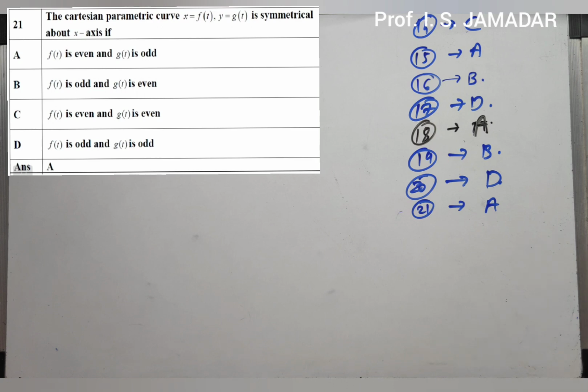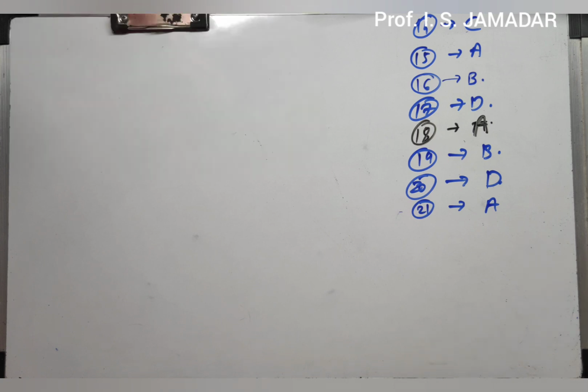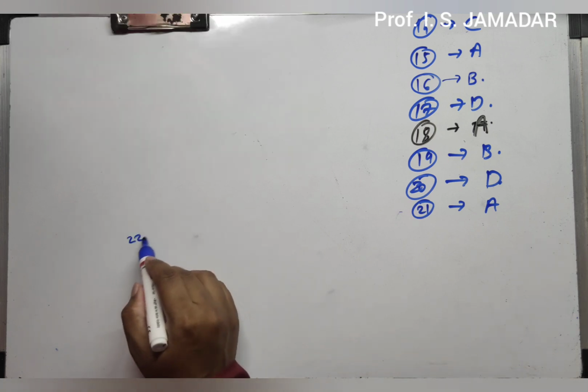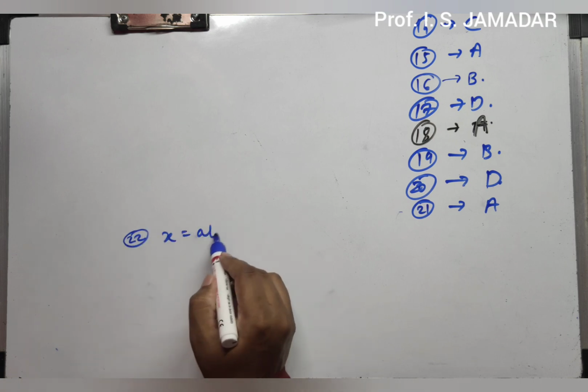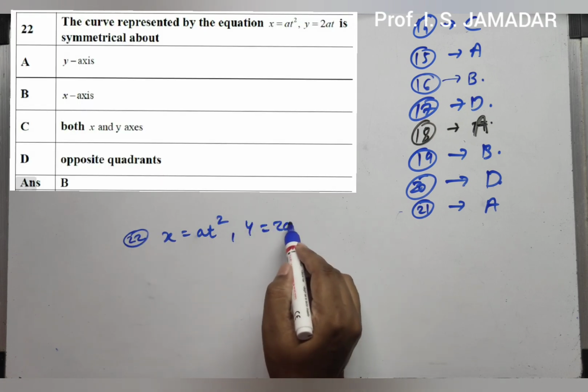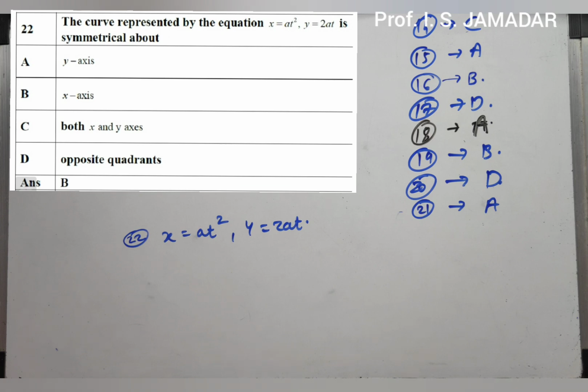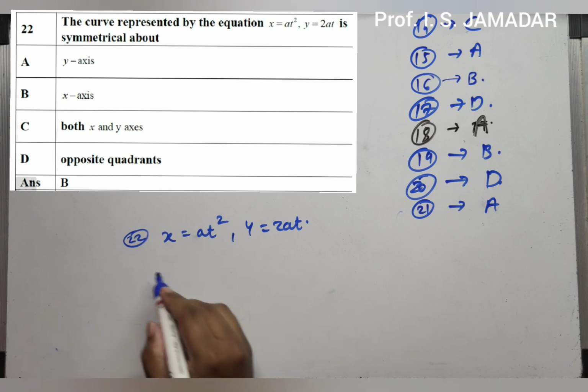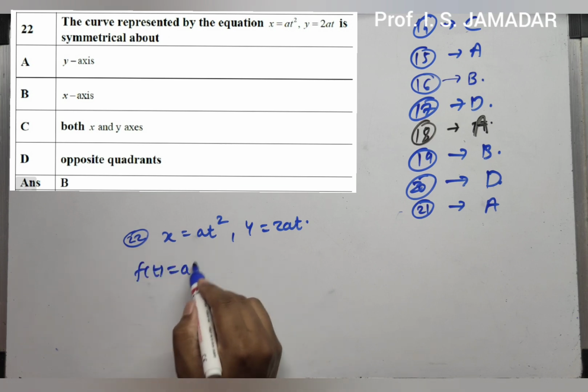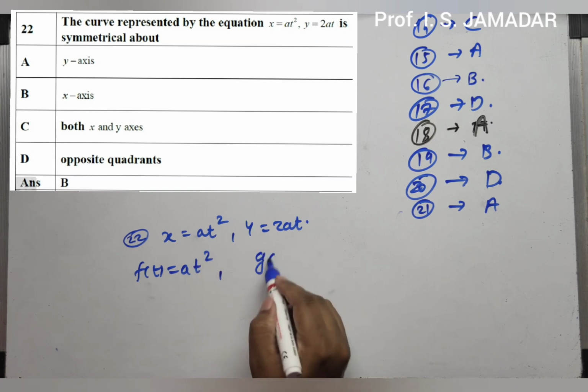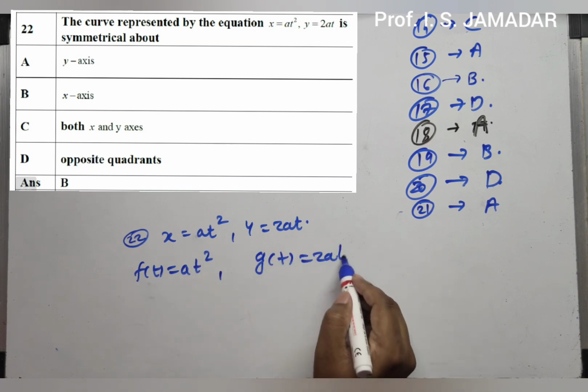Then question number 22, a special example. x is equal to at square and y is equal to 2at. Now this curve is symmetric about which axis? First of all, f of t is at square and g of t is 2at.